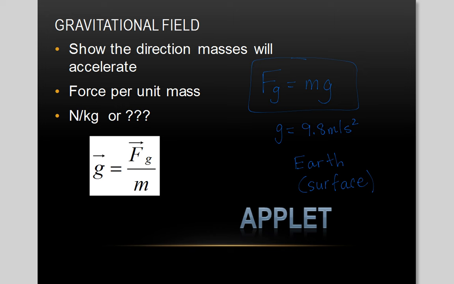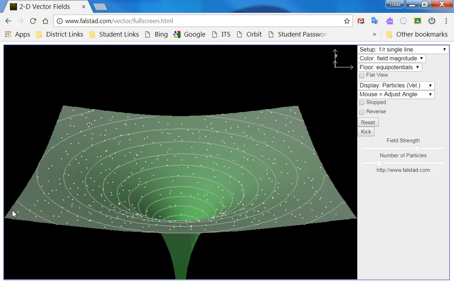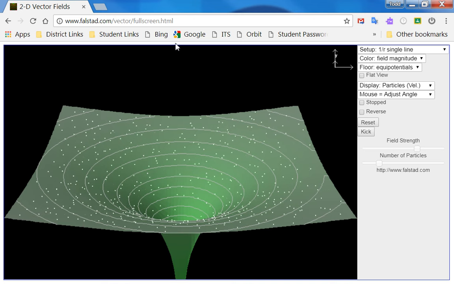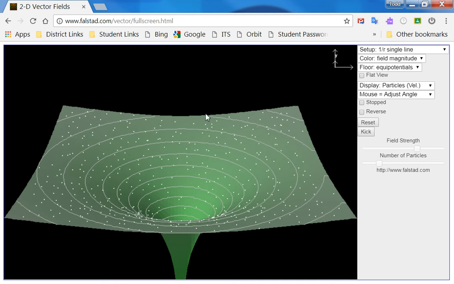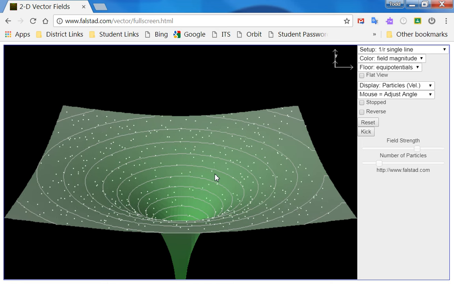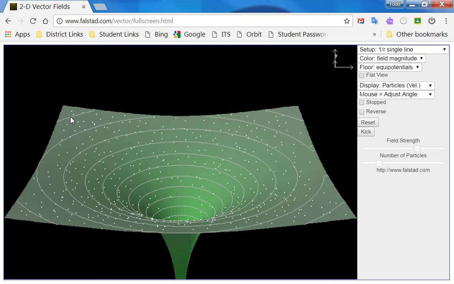So I'll open up this applet for you guys. This is not a picture of a gravitational field. This is something else, but it's pretty cool. It's kind of like a sinkhole. You can see these particles. Watch the particles as they come from the edge.